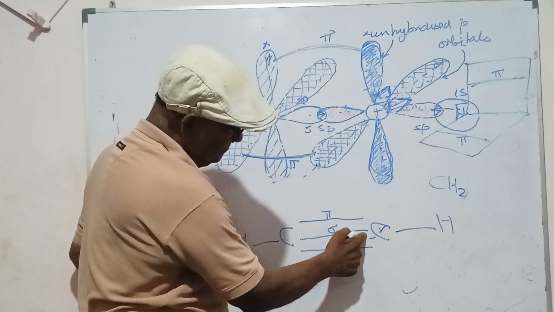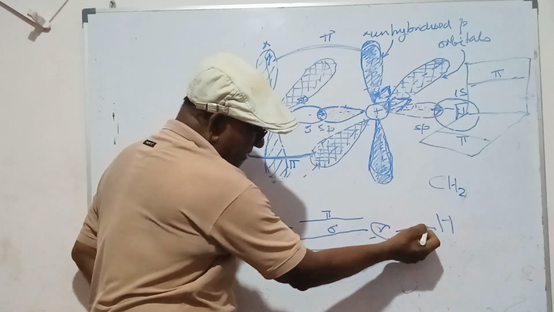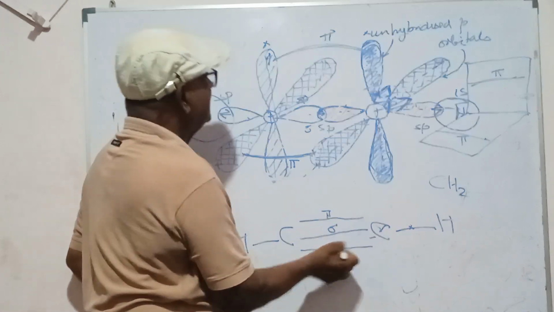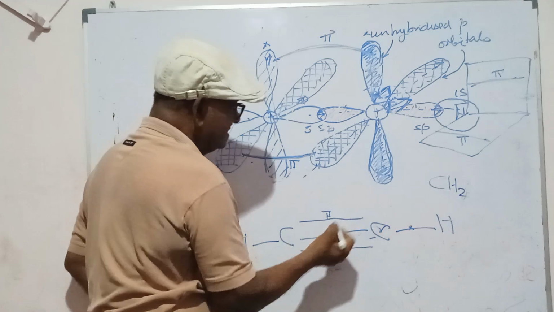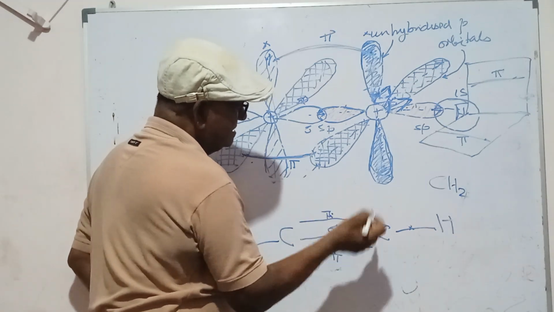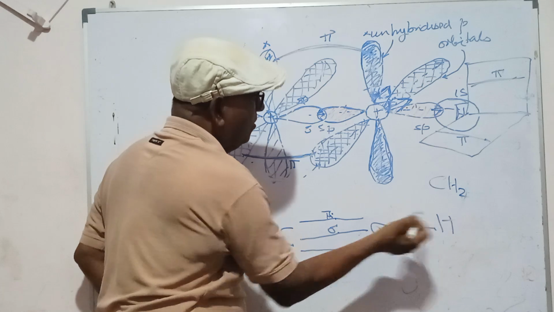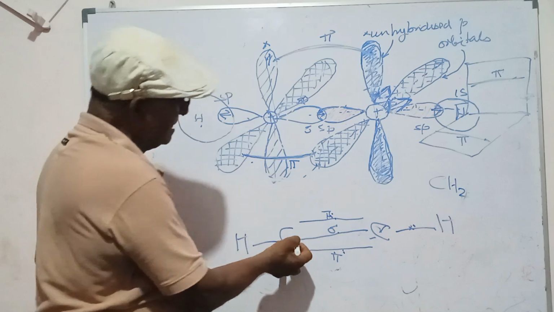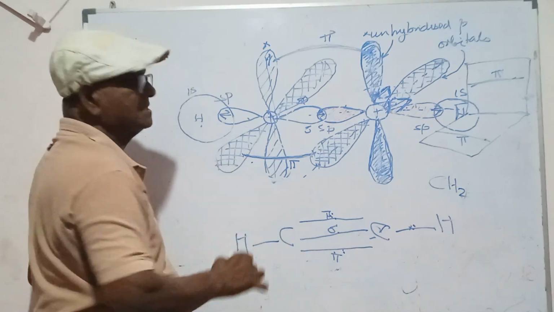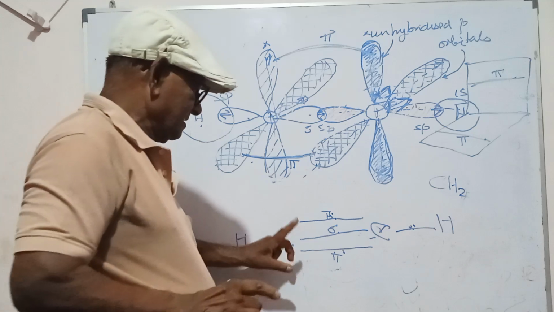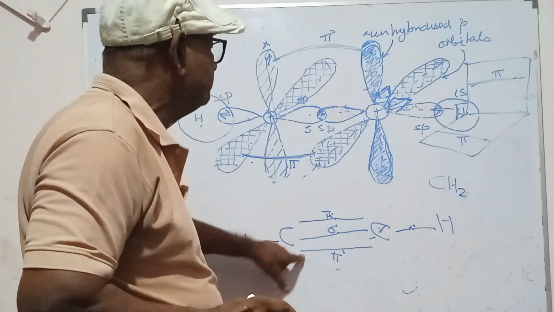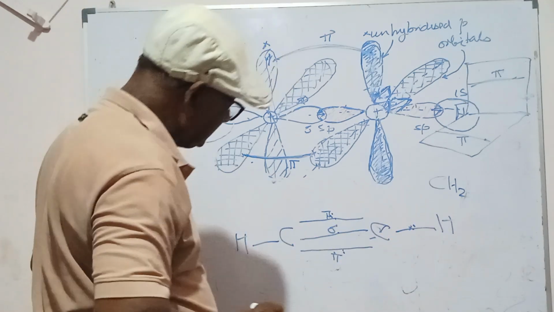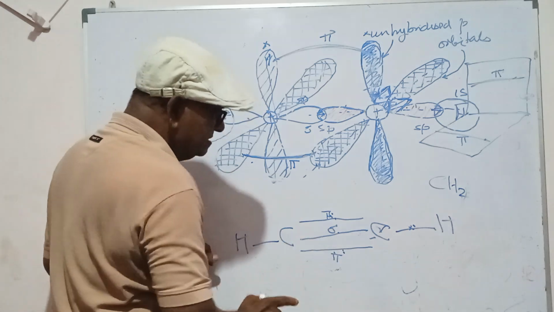Now see here, this bond is an electron pair. The pi bonds are also electron pairs, two electron pairs, 1, 2, 3, 4, it gets a completed octet. This also the same, completed octet. Then there is a triple bond between the two carbon atoms. So it is clear that triple bond means 3 bonds.